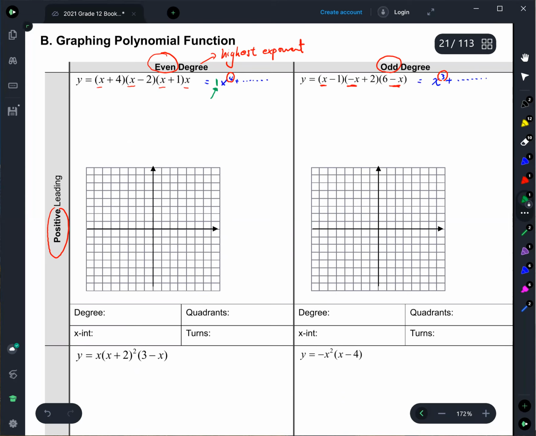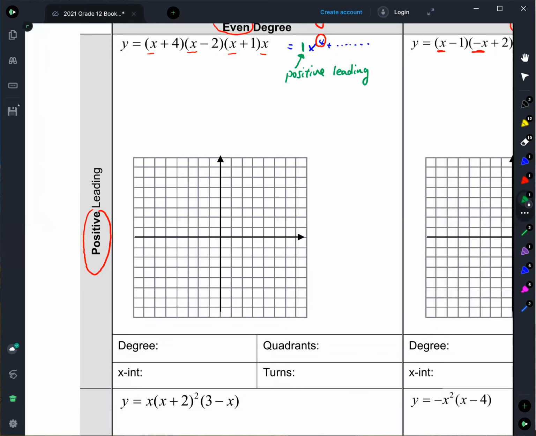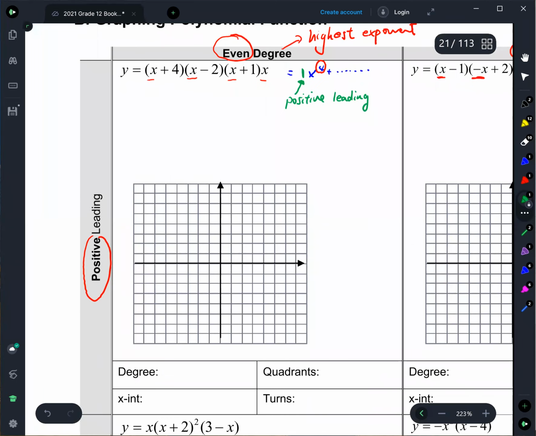If this number is positive, we call that positive leading. It doesn't matter what number that is. That number could be 3, could be a fraction, okay? As long as it's a positive number, it belongs to here. So for this picture, for this polynomial, it has even degree and a positive leading. Okay, so that's why it's in the top left corner.